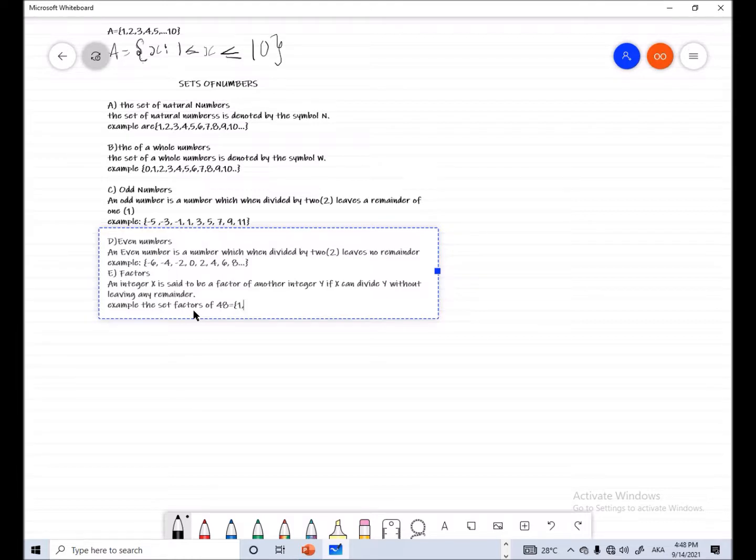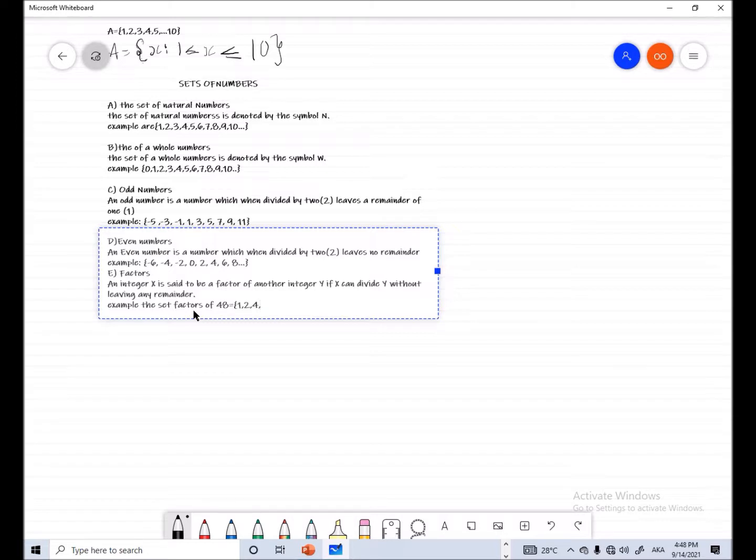Yes, when 48 is divided by 2, we get 24, so it's a factor, no remainder. What of 4? Yes, we can divide 48 by 4 with no remainder. But what about 5? There will be a remainder, because 5 times 9 is 45, a remainder of 3, so it can never be a factor.